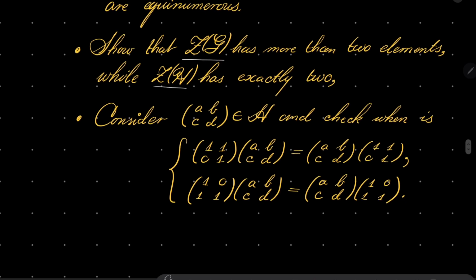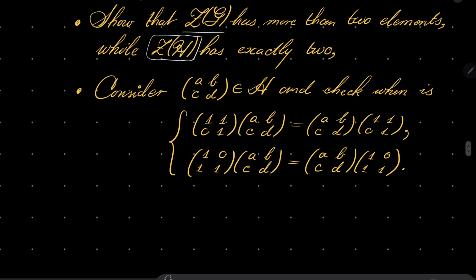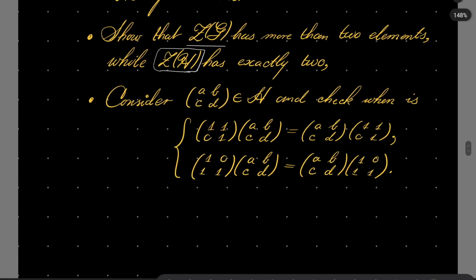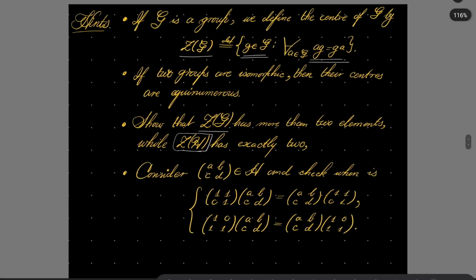To show that the center of H has only 2 elements, take any matrix in H and consider what the constraints on A, B, C, and D are for which, for example, this upper triangular matrix commutes with our matrix, and when this lower triangular matrix commutes with our matrix. After all of that, you should be able to establish that our two groups are not isomorphic. So give this problem a try, and I will see you in just a minute.